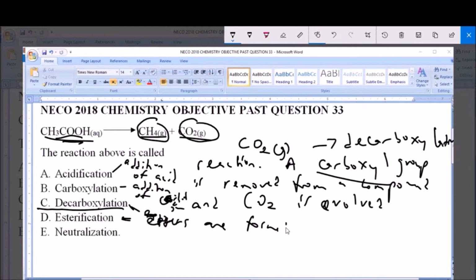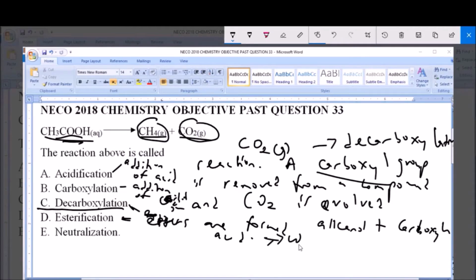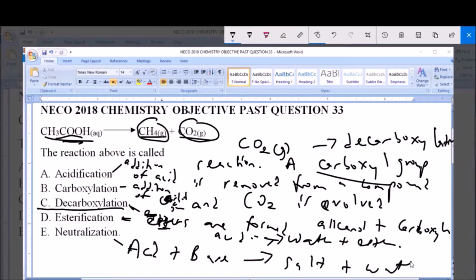Esters are formed as a result of reaction between alkanol and carboxylic acid to produce water plus the ester. And then neutralization is the reaction between acid and base to give salt and water only. So as you can see, decarboxylation involves removal of a carboxyl group to give CO2, carbon dioxide, which is what we have in the reaction.